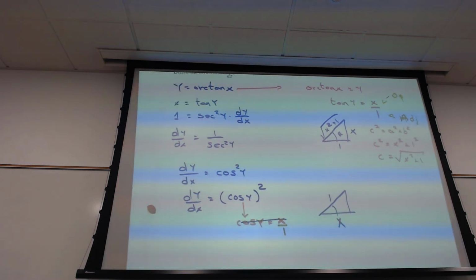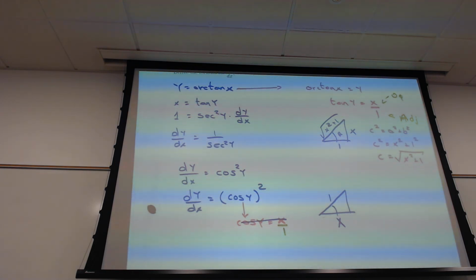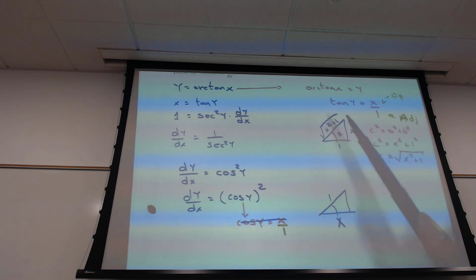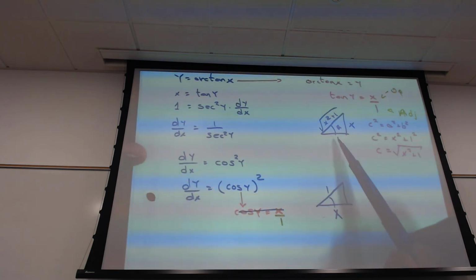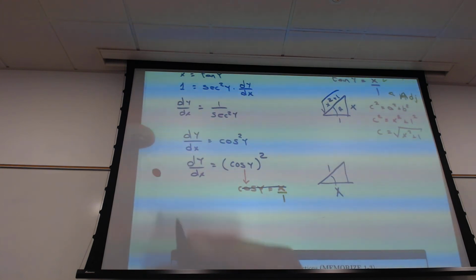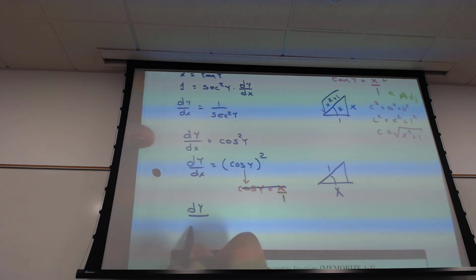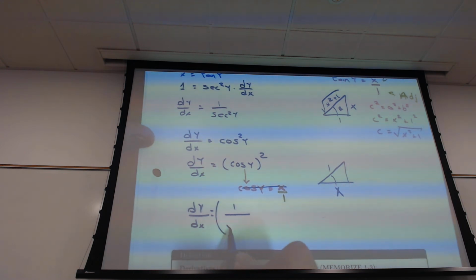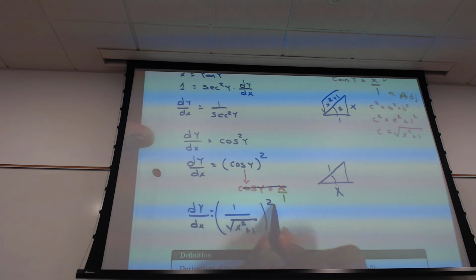Now we have all the information to rewrite this cosine of y in terms of x from the given triangle. Cosine is adjacent over hypotenuse, so goodbye functions of y, welcome back functions of x. That's going to be 1 over the square root of x squared plus 1, quantity squared.